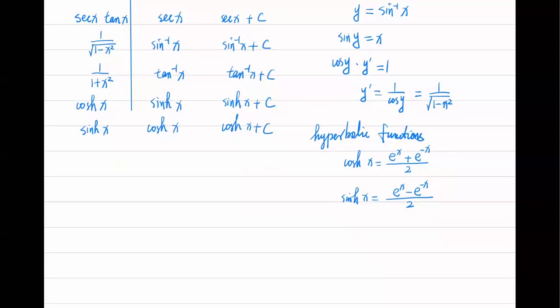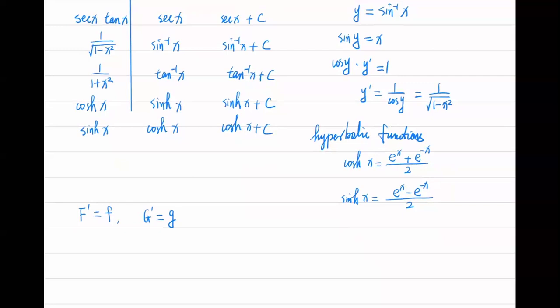Now some properties of this antiderivative. If we have two functions, okay, we found two antiderivatives. Could you give me an antiderivative for this one? What's your answer?